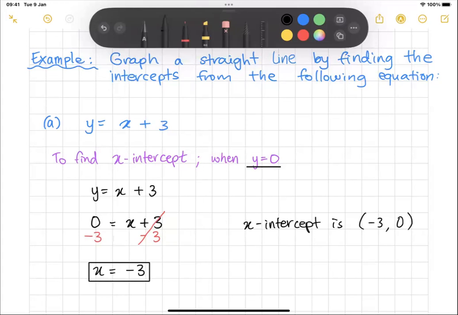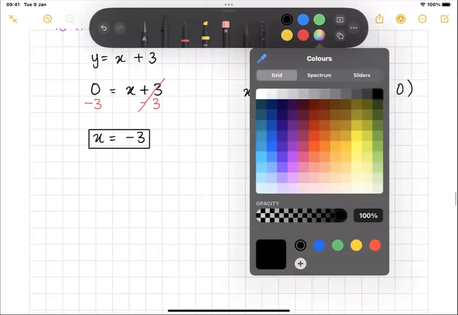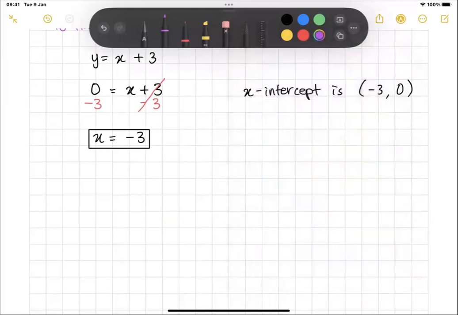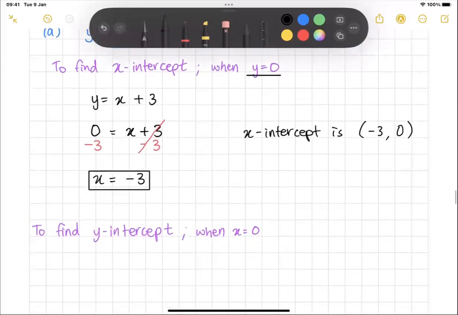Now to find my y-intercept, x needs to be equal to 0. Okay, now I'm trying to find what my y-intercept is, therefore when x equals 0. I'm going to write my equation, which is y equals x plus 3.